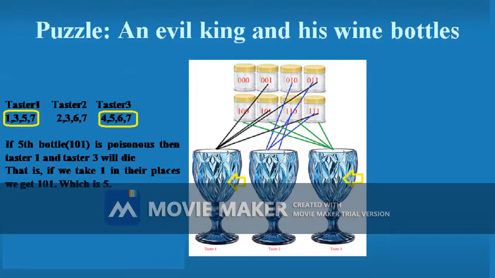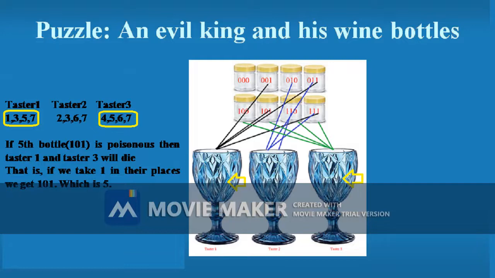If the fifth bottle, whose binary code is 101, is poisonous, then taster 1 and taster 3 will die. Remember, glass 1 contains the drops of bottles 1, 3, 5, 7, whereas glass 3 contains the drops of 4, 5, 6, 7. If you observe, 5 is common, also 7 is common.